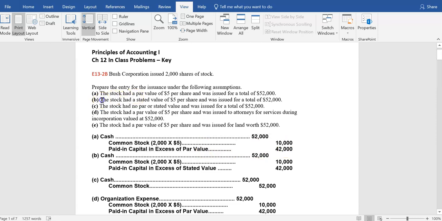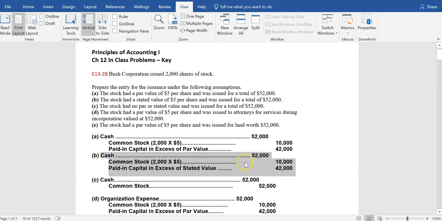In B, the stock had a stated value of $5 per share and was issued for a total of $52,000. For purposes of accounting, there's really no difference between the par value and stated value. They both really require us to record the same. So the journal entry is going to pretty much look exactly the same.